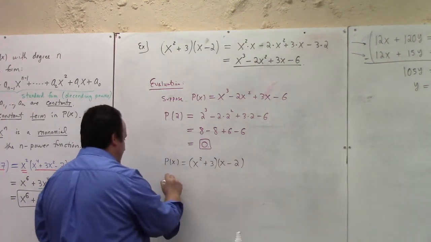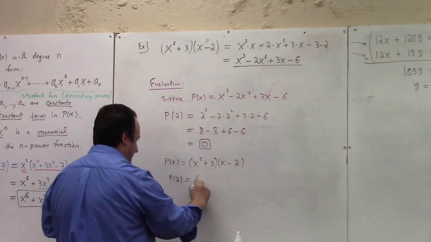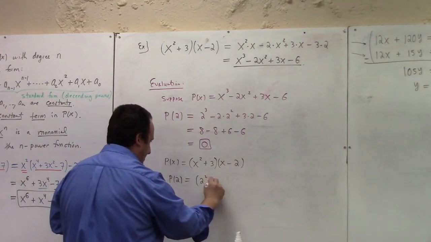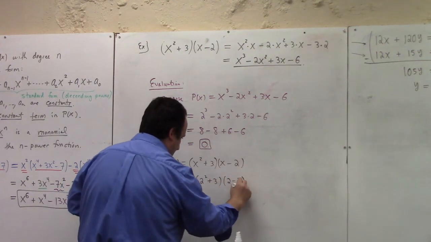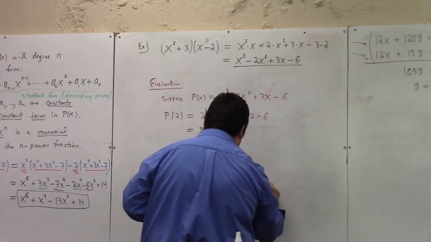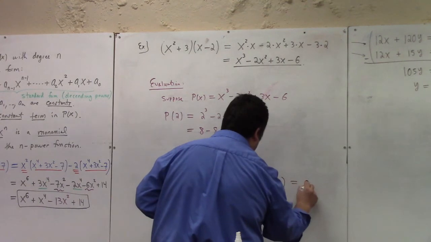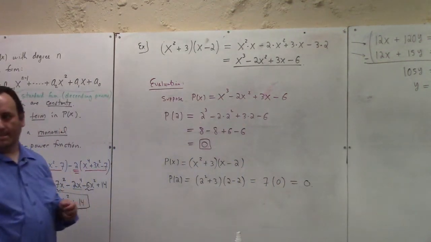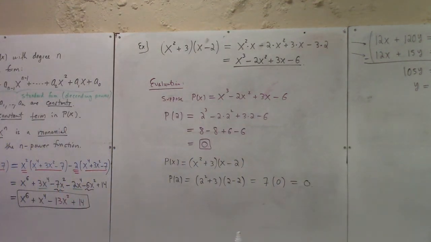And if we evaluate that with 2, what happens? In other words, if x minus 2 is a factor of the polynomial, then when we plug in 2, we'll get 0.